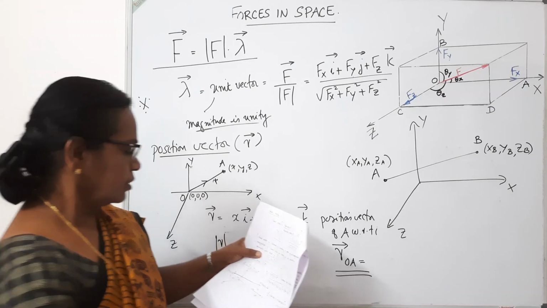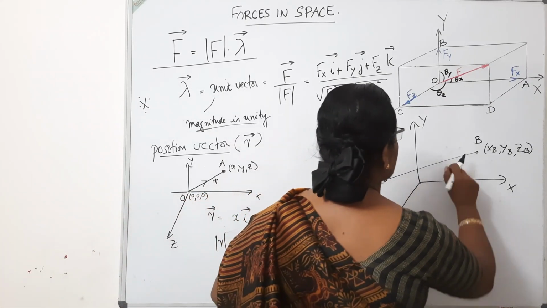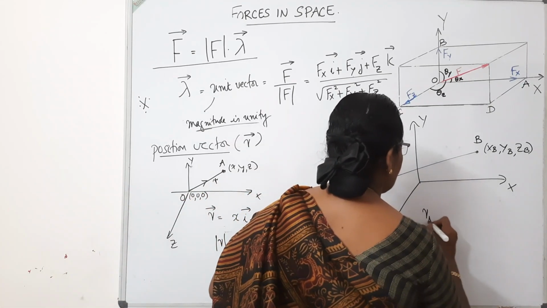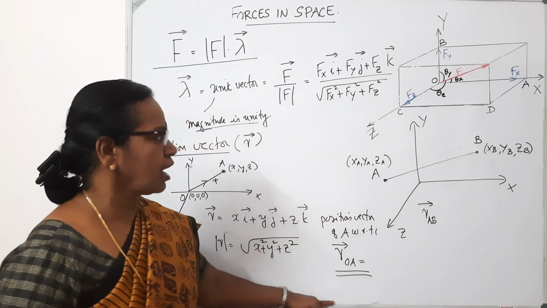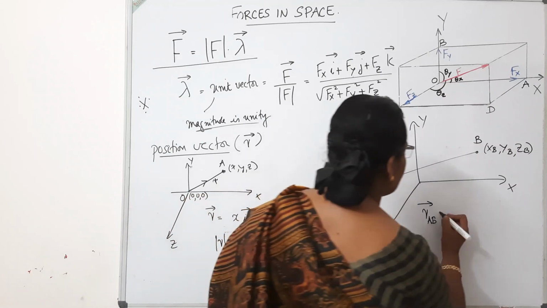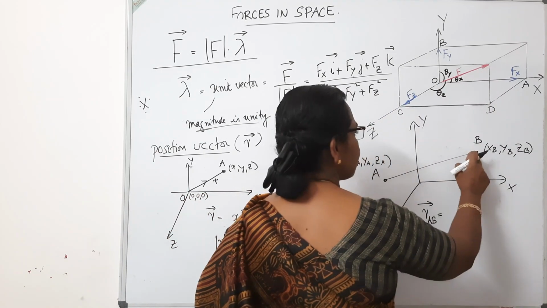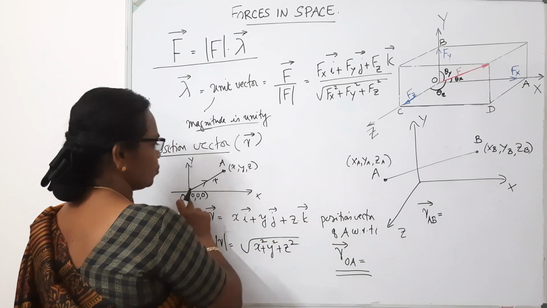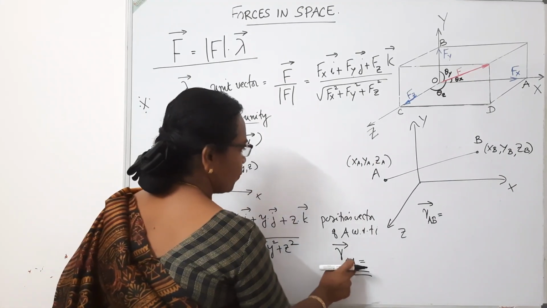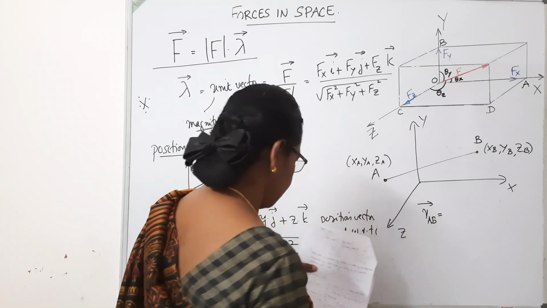In this case, we find the position vector between A and B, RAB.